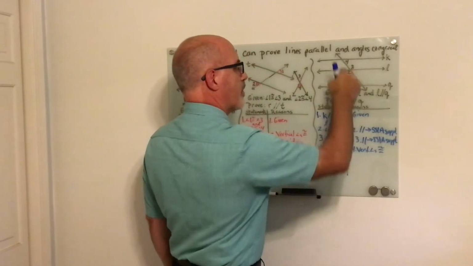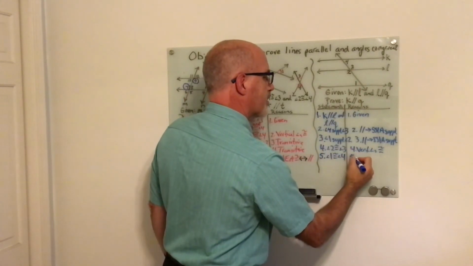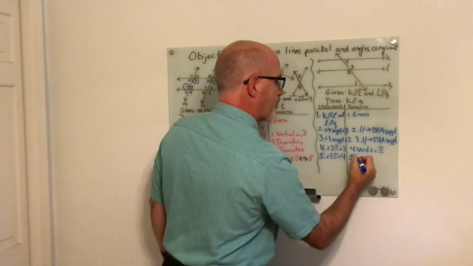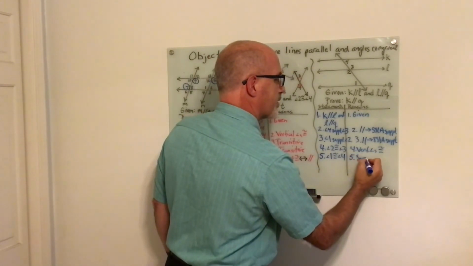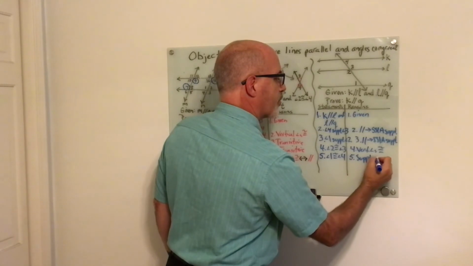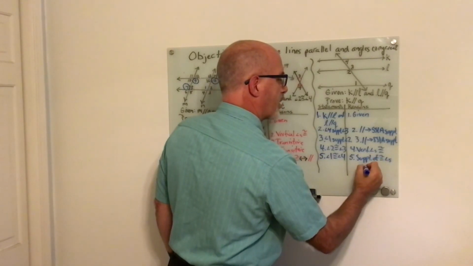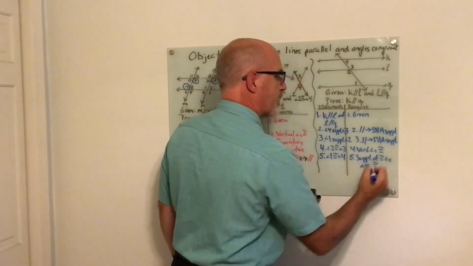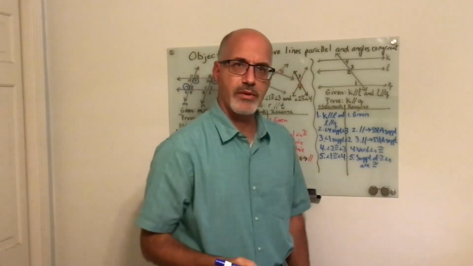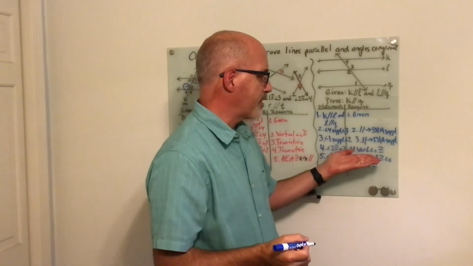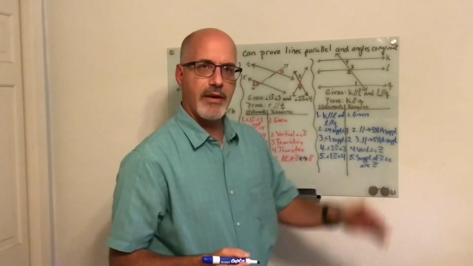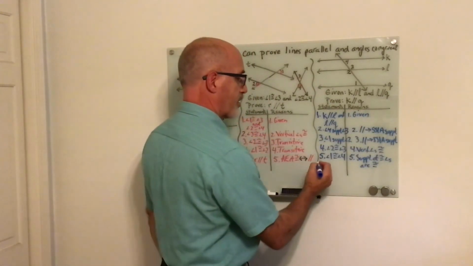Okay, 4 and 1, and that's because supplements of congruent angles are congruent. That's a theorem that we can use, okay? The given is supplements of congruent angles. What we have then is the conclusion that they're congruent.